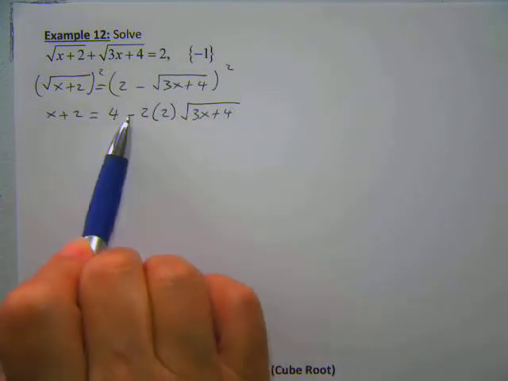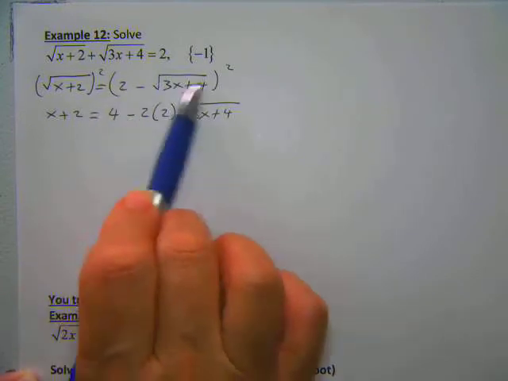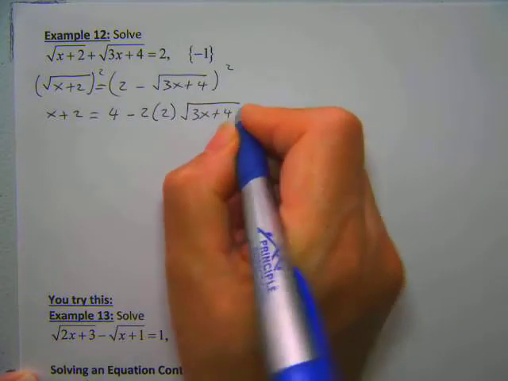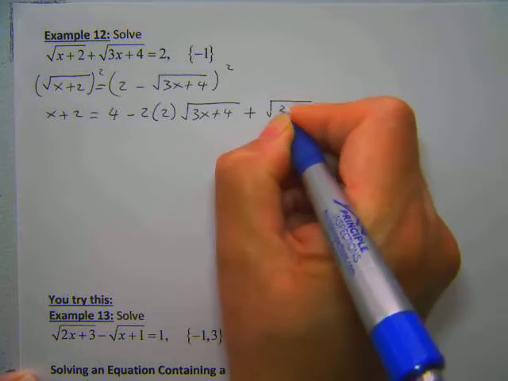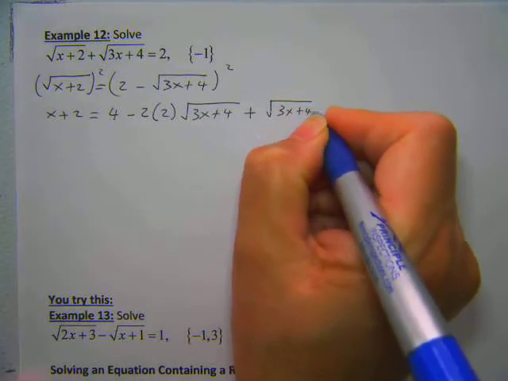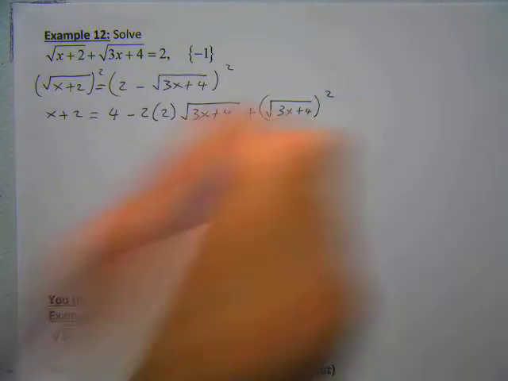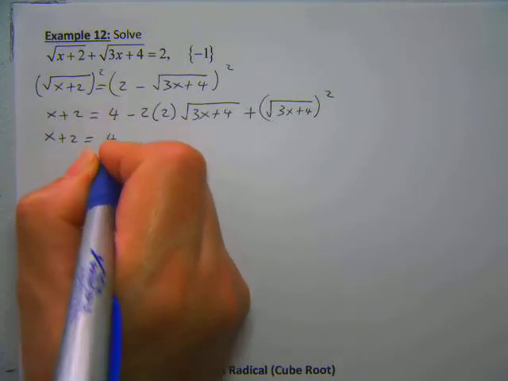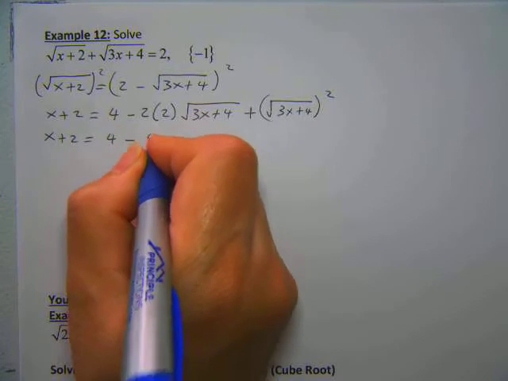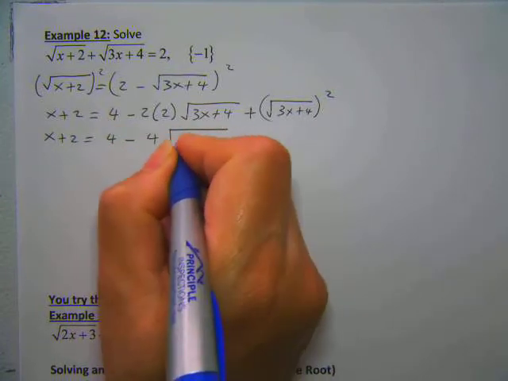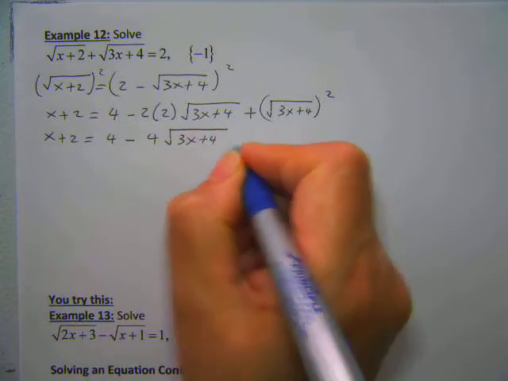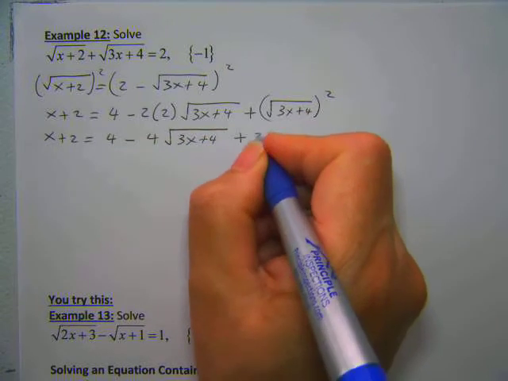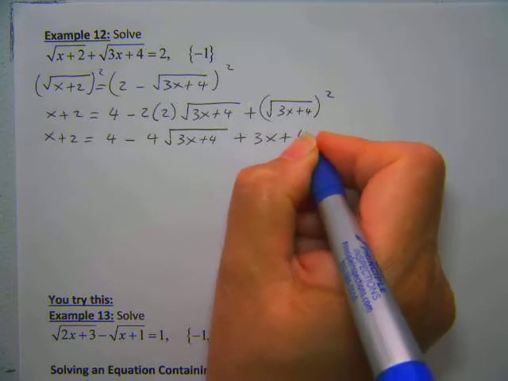So negative 2 times this plus the second term squared. Let's see what we have. x plus 2 is equal to 4 minus 4 times the square root of 3x plus 4, plus when you square a square root, you get what's inside.